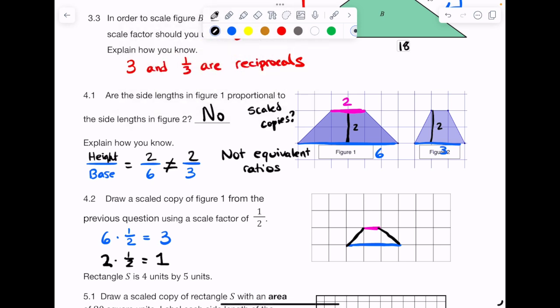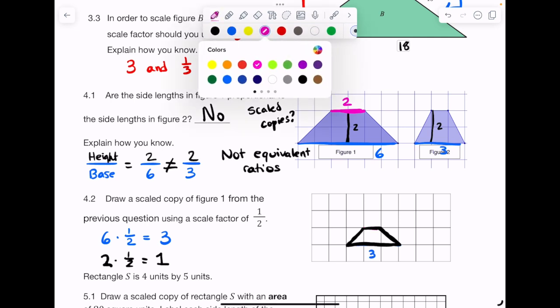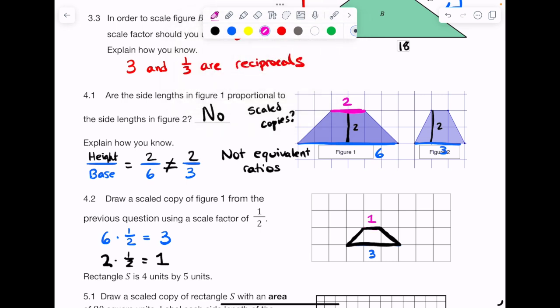So any version of that, we now have, this is called a trapezoid, and we have a trapezoid that is a scaled copy of figure 1 with the scale factor of a half. Always good to label it, right? This is 3 now. This is 1 now, right? And our height is 1.